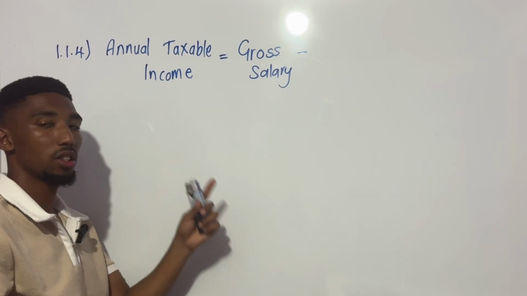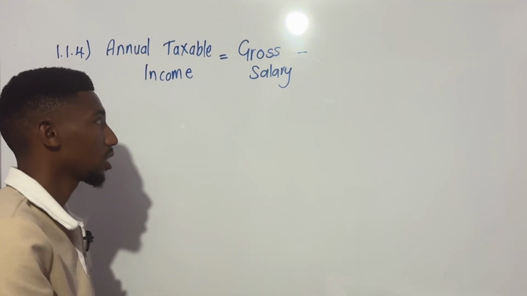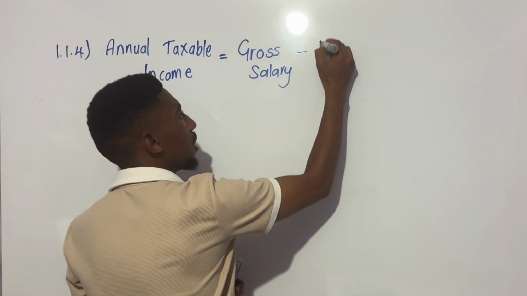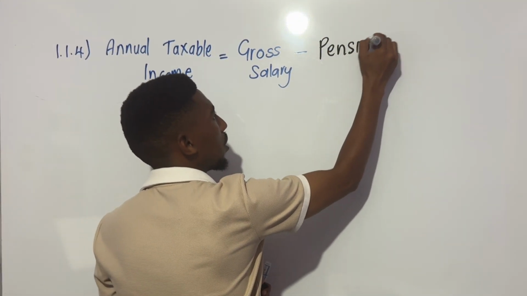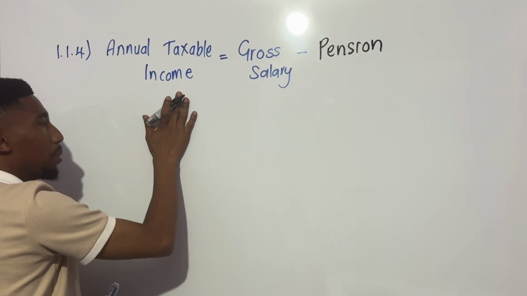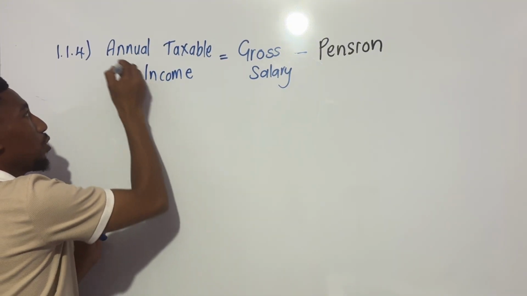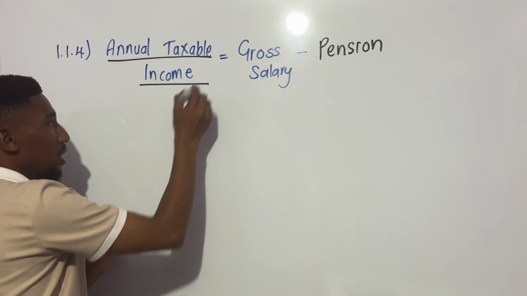Now, in the case of Ms. Nong, she only has the pension. So in this case, we need to subtract the pension, and that is going to give us our annual taxable income. It's important that we do not use the tax table at all to find the annual taxable income.